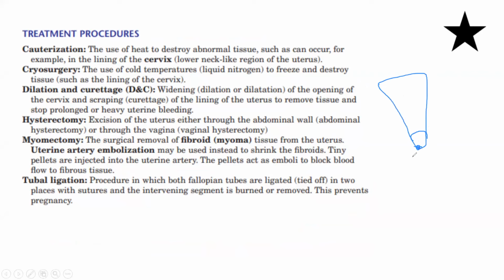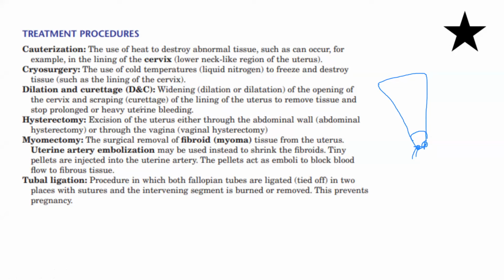So we want to stop this bleeding, so we put heat on this, electric heat. This is called cauterization. Even if some tissue is there, for example a small growth, we can destroy it with the heat. So this is called cauterization. This is by heat.